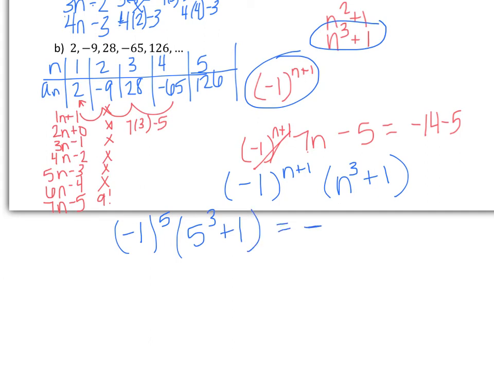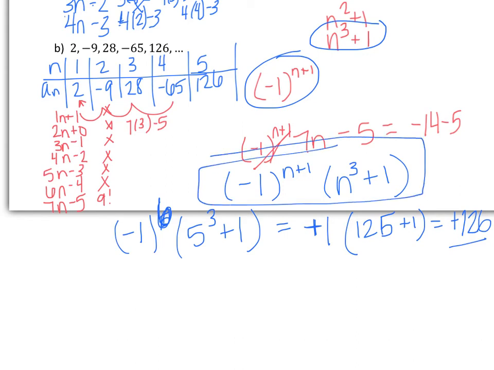So that's going to be negative 1 times 5 cubed is 125 plus 1 would be 126 would be negative, oh, I'm sorry, it's to the n plus 1, so that would be a 6th power, so that would be a positive 1, so positive 126, which does work. So here is our formula for the nth power. We are going to learn different ways to shorten this process later.